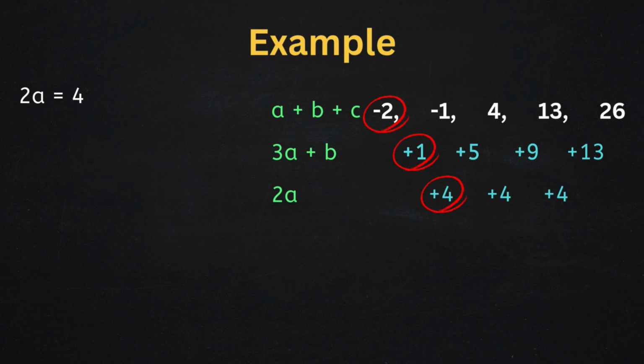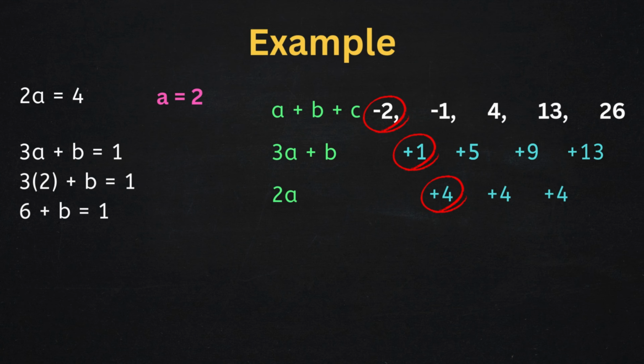2a equals 4, which gives us a equals 2, then 3a plus b equals 1. Here, by plugging in a equals 2, we get 6 plus b equals 1, and finally, b equals -5. Next, a plus b plus c equals -2.